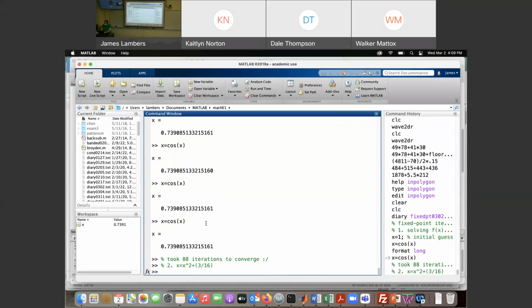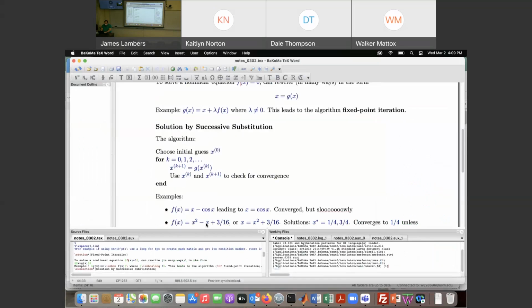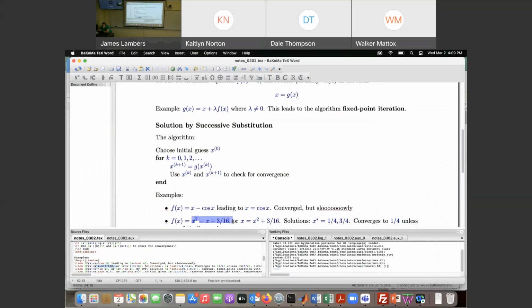Now, of course, by solving this equation, we just write it like this equals 0. Then, of course, we can solve that by the quadratic formula. And as a quadratic, it has 2 roots, 1/4 and 3/4. Well, let's see what happens when I try fixed point iteration.